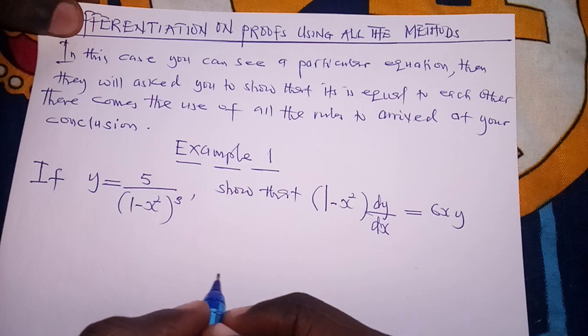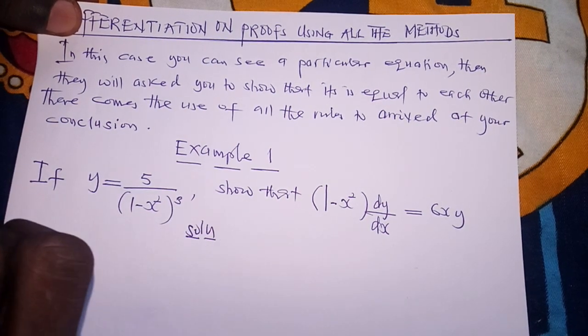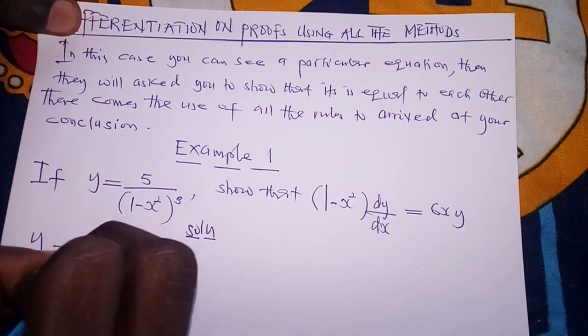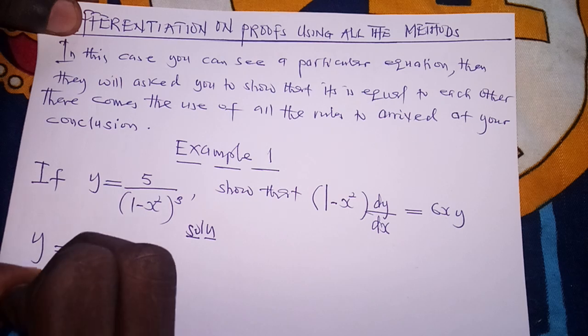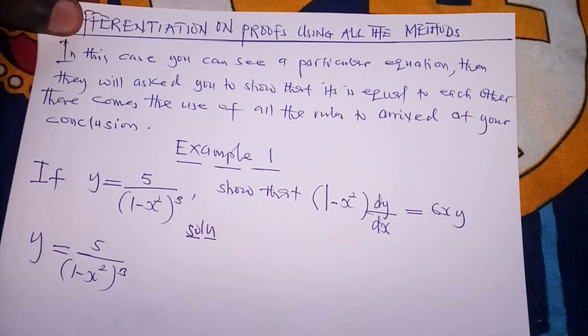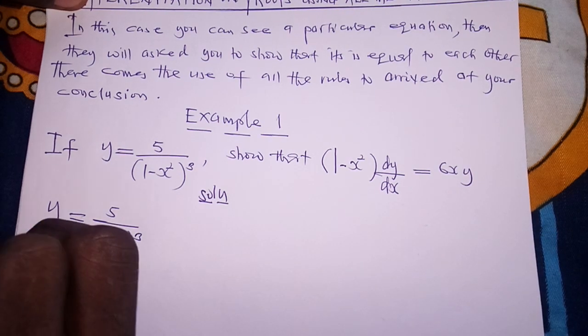Okay, now we start. Solution. Since we are given y is equal to 5 upon (1 minus x squared) raised to the power 3, to show that it is equal, let's solve one step at a time.